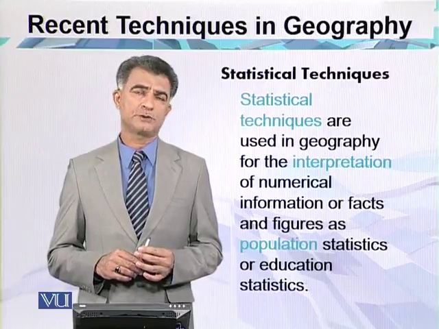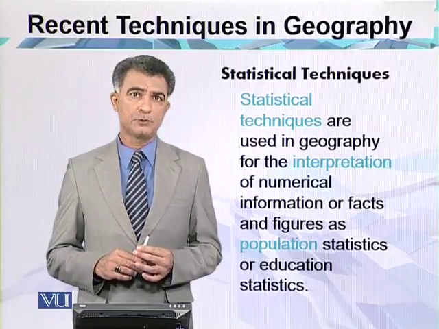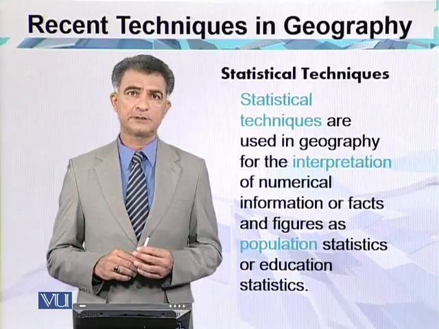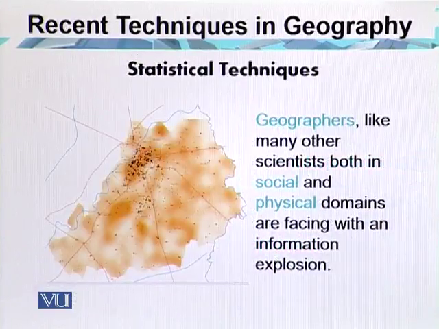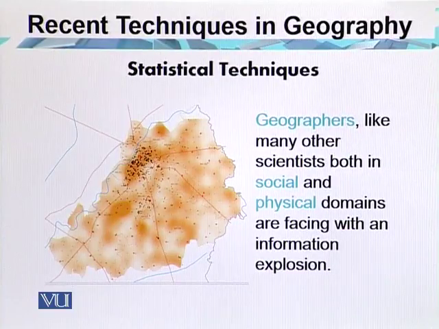So here we must use the statistical technique to interpret the areas where we have the statistical environment. Geographers, like many other scientists, both in social and physical domains, are faced with an information explosion.